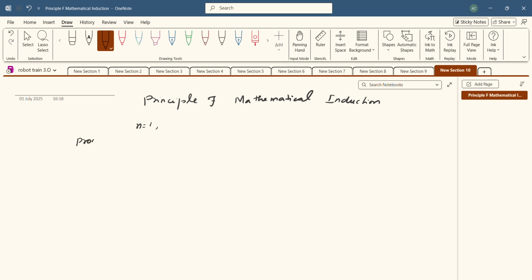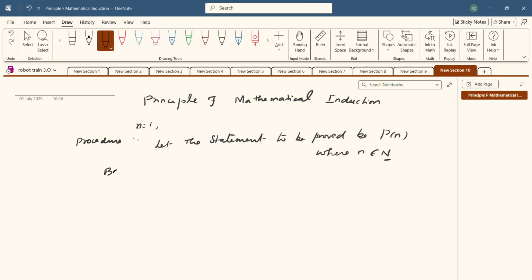First, let the statement to be proved be P of n, where n belongs to capital N, a natural number. There are steps: one is the base step, another one is the inductive step.